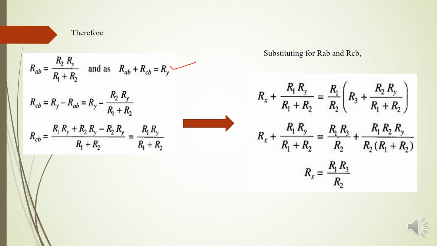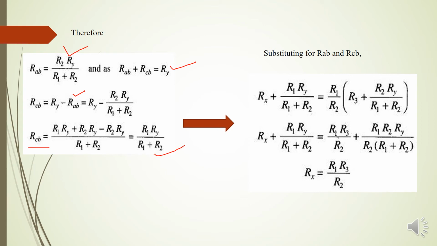Just rearranging and substituting the values, RCB is equal to Ry minus RAB, that is Ry minus R2 Ry divided by R1 plus R2, and simplifying it, we get RCB is equal to R1 Ry divided by R1 plus R2.